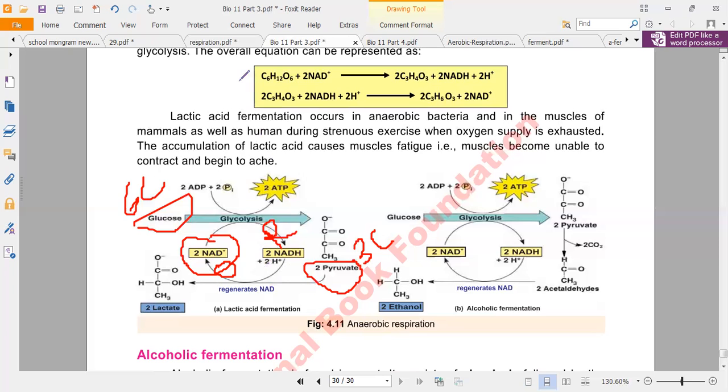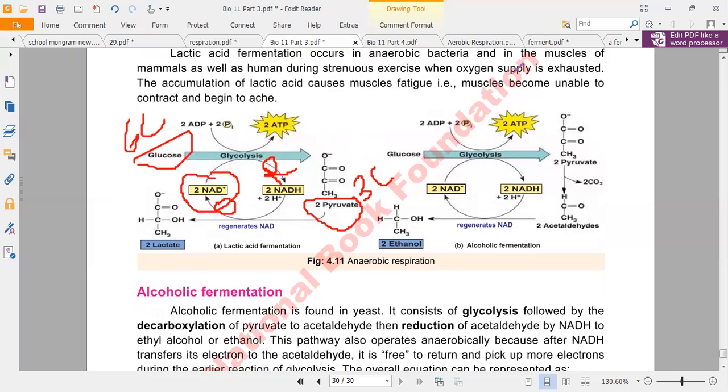So this is its overall reaction: this is the glucose molecule, then NAD will be reduced into NADH plus 2H, and this is pyruvate. Then this pyruvate is changed into lactic acid, and this 2NADH plus 2H will be again oxidized in the form of NAD plus.